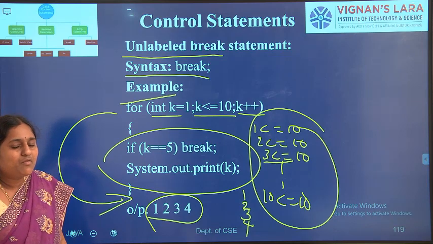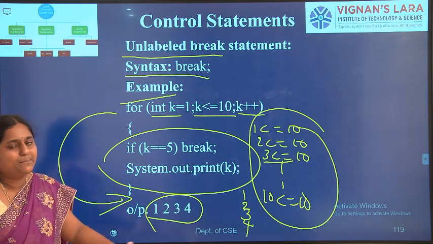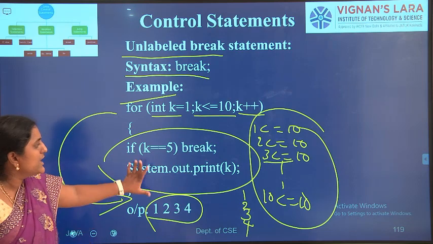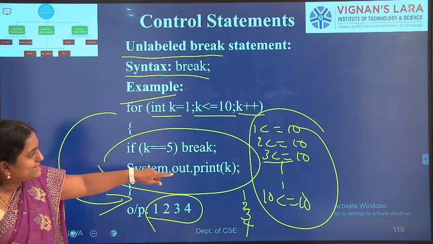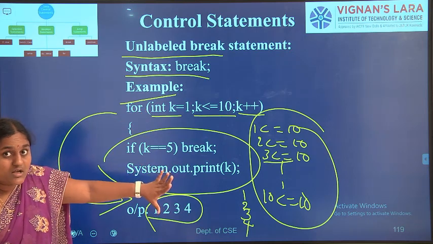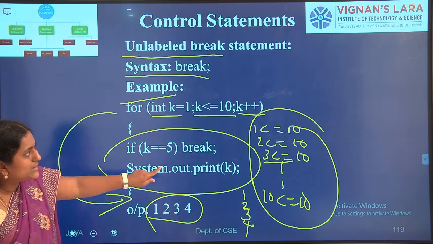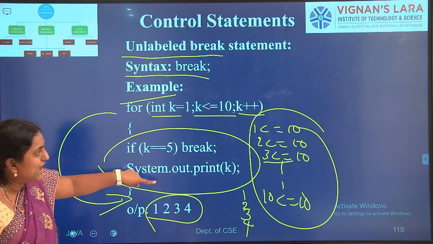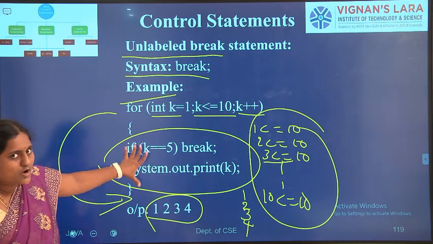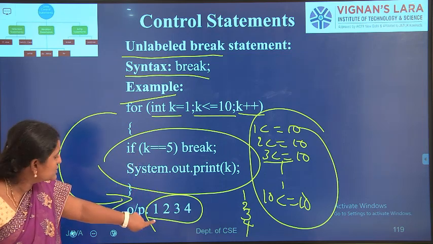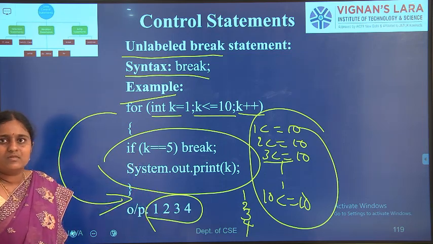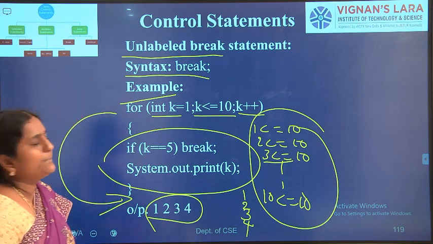Whenever we want to stop for a particular condition, we can use the break statement. Actually the for loop could iterate up to 10, but when k is 5, it stops the execution. Only the values 1, 2, 3, 4 are displayed on the console. So this is the unlabeled break statement.